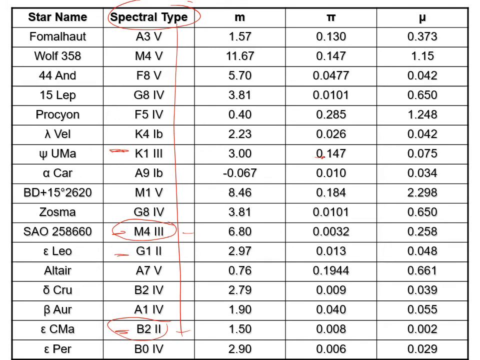Now, one thing I don't like about the Morgan-Keenan system is the names, because if you look at that diagram carefully, you notice that some of the giant stars are actually bigger than supergiants. For example, a red giant might be bigger than a blue supergiant.